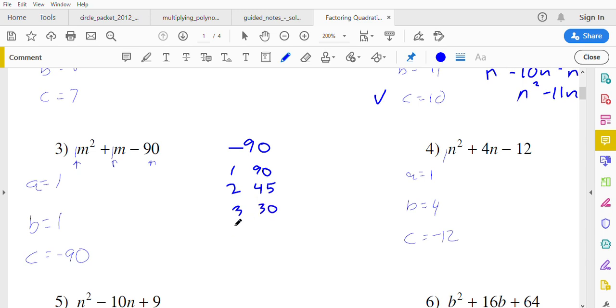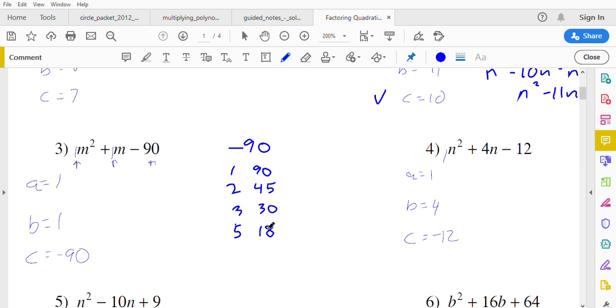Does 4 go into 90? No, 4 does not go into 90. Does 5 go into 90? Yes. 5 goes into 90 18 times.